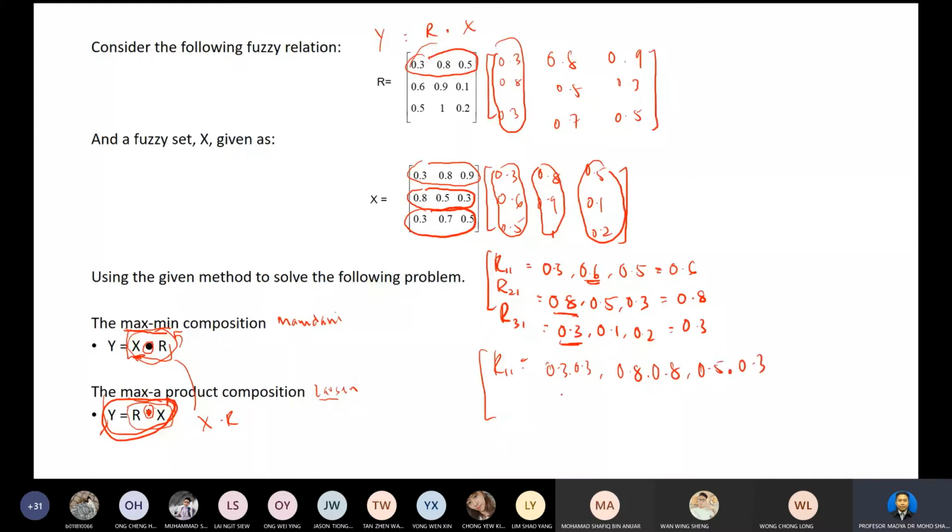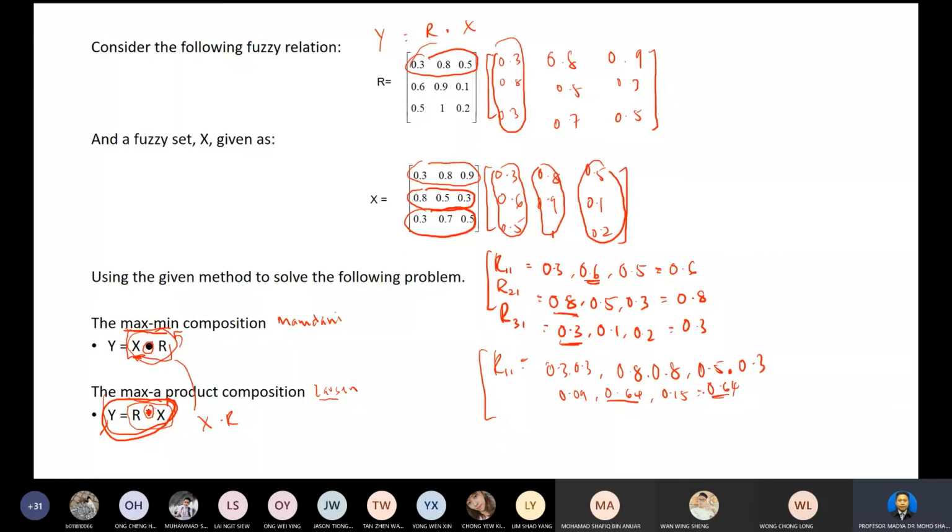For example, this one is 0.09, this one 0.64, and this one 0.15. So the answer will be the maximum. After you multiply, you can select the maximum, not the minimum. For example, this one 0.64.